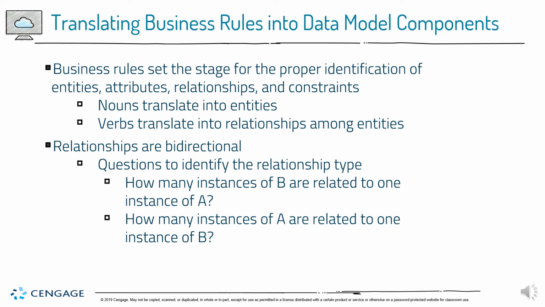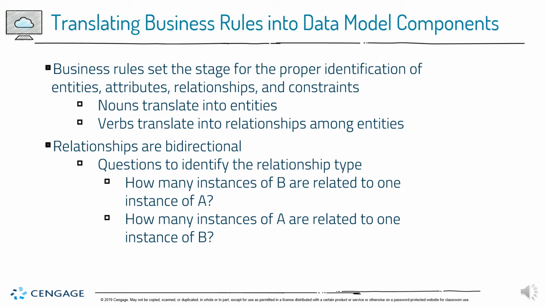From this business rule, you could deduce the following. Customer and invoice are objects of interest for the environment and should be represented by their respective entities. There is a generate relationship between customer and invoice.